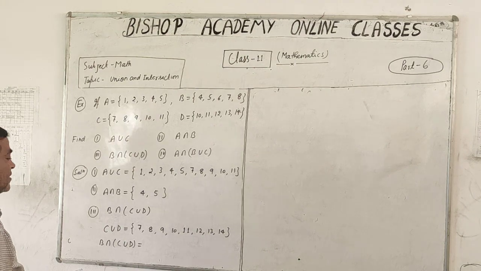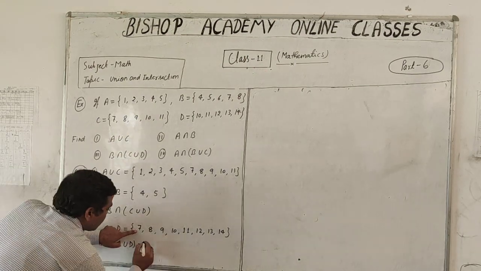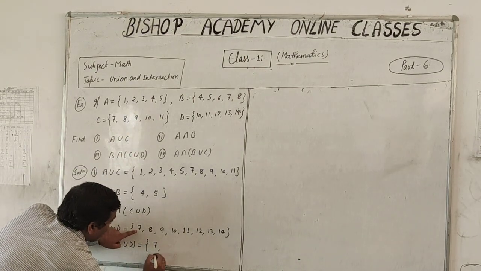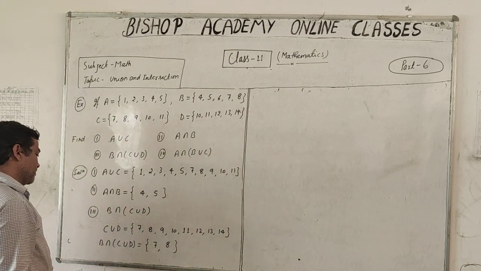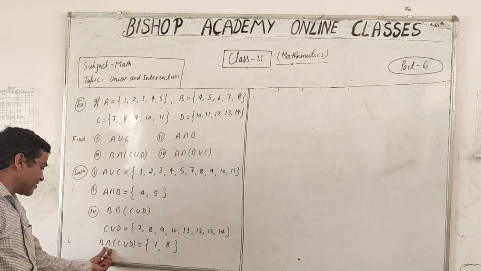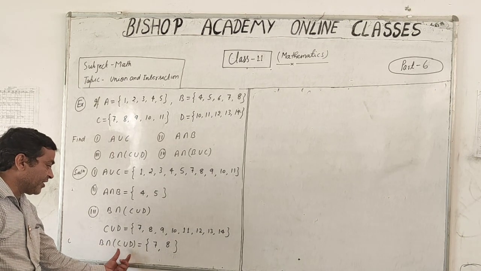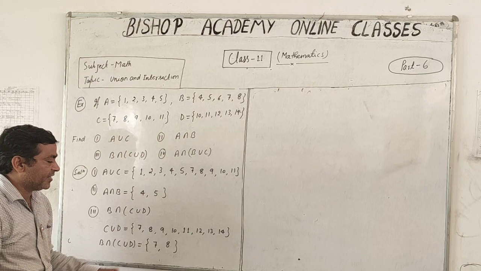Common elements are 7 and 8. Hence B intersection C union D equals 7 and 8.